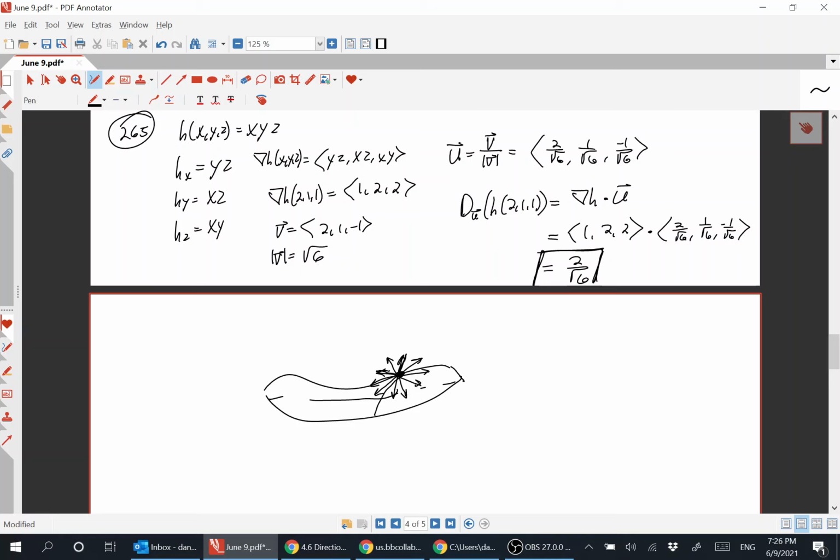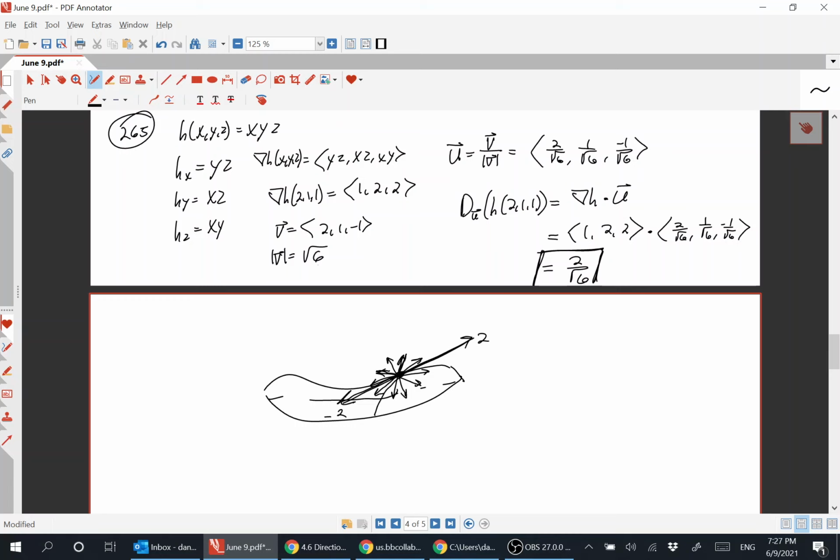And the cool thing about the directional derivative is that the directional derivative in this direction and in the 180 degrees direction, they are negatives of each other. Like this slope would be 2 and this slope would be negative 2. And the greatest slope is the direction of the gradient itself.